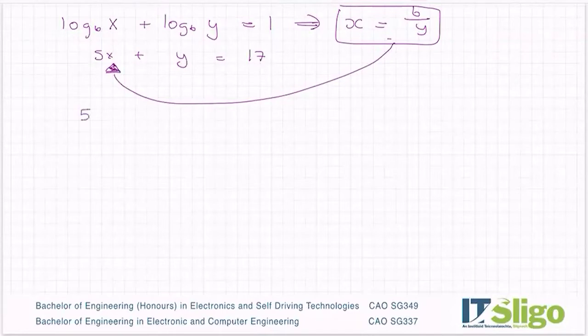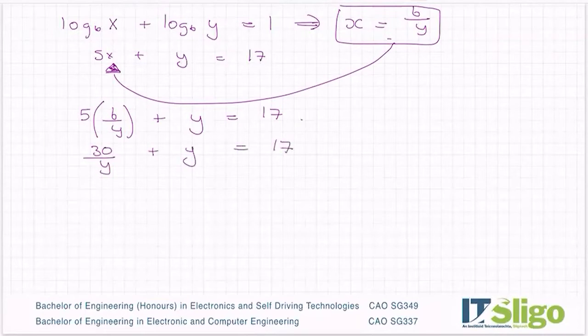So that becomes 5 times 6 over y plus y is equal to 17. 5 sixes are 30 over y plus y is equal to 17. So the easiest thing now to do is to get rid of that. We don't particularly want fractions.